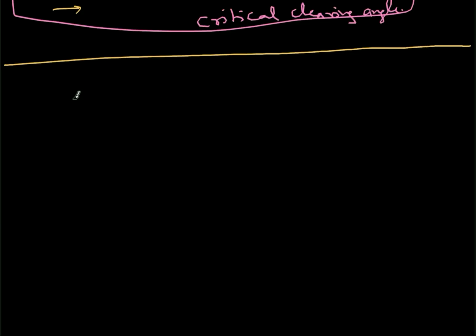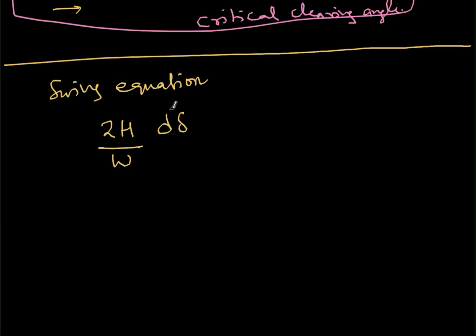The swing equation is something like this: 2H by omega b, or 2H by omega, into d square delta by dt square equals PM minus Pe. But during the fault Pe is absent, so I'll take Pe as 0, so I'll just remove that.